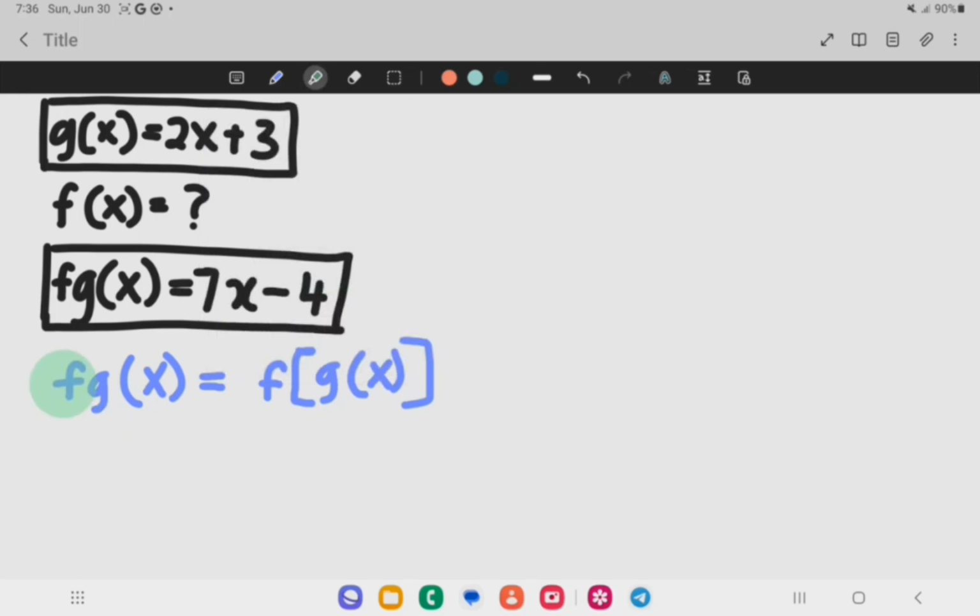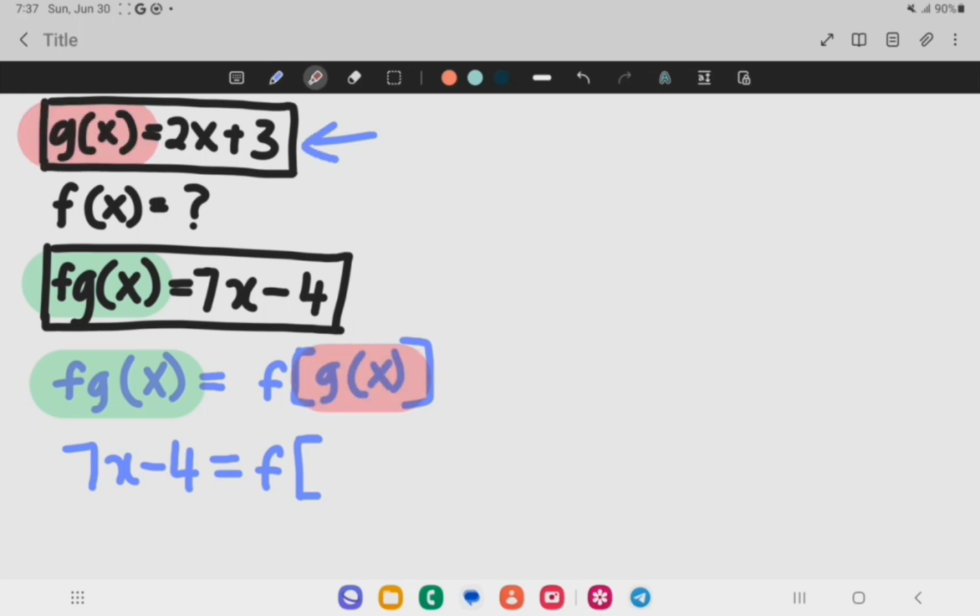Okay, so the next step, fg(x). Is fg(x) given in the question? Yes. What is it? 7x minus 4. Okay, next. So you want to substitute the g(x). So g(x), 2x plus 3, right? Okay, so 2x plus 3.